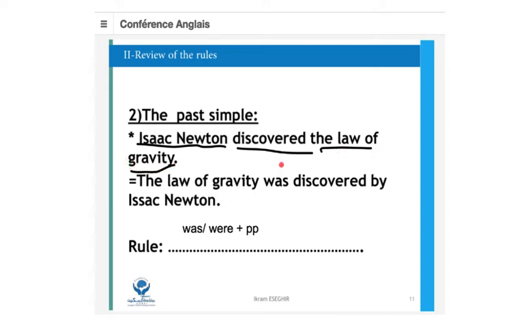So if I change the sentence, I get the law of gravity, singular, was discovered by Isaac Newton. Here we have Isaac Newton is a person. So people who have made discoveries, written books, sung some songs, etc. We must give the name of these people.